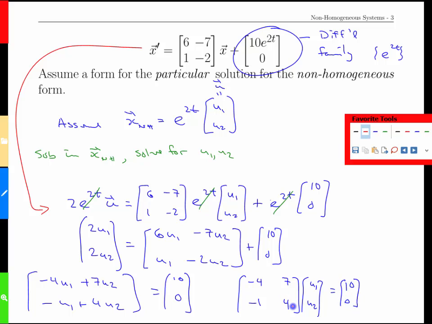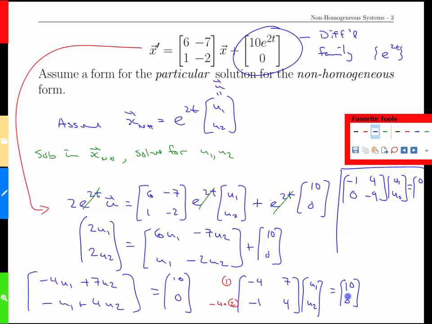Well, what do we do with that? We can do row operations. We can do 1 minus 4 times the second equation here, and that will give us, we'll put the first one first because it's nicer, negative 1, 4, and then this minus 4 times this will be 0. This minus 16 will be minus 9, u1 and u2, and that will equal 0.